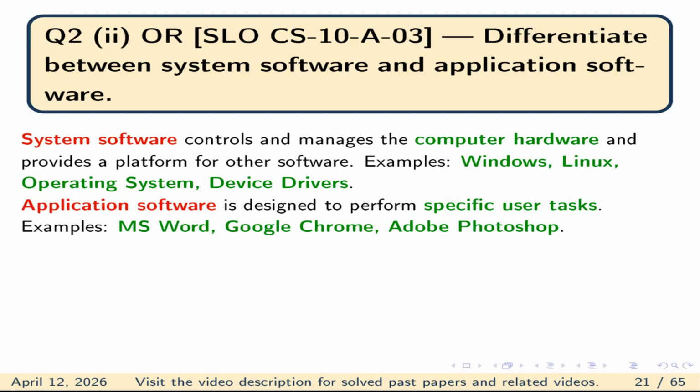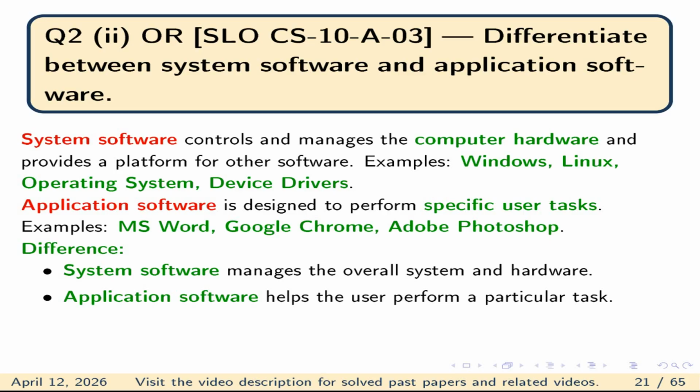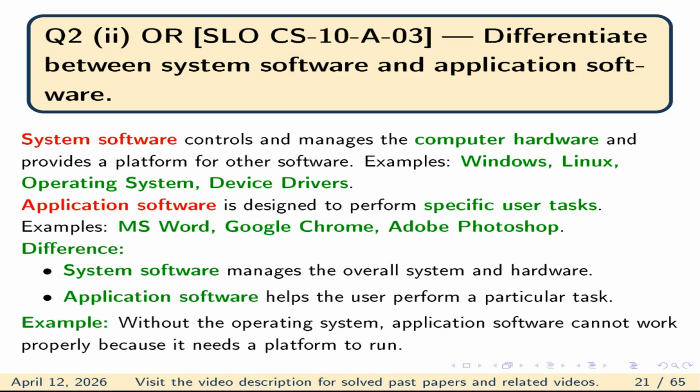Application software is designed to perform specific user tasks, examples Microsoft Word, Google Chrome, Adobe Photoshop. System software manages the overall system and hardware, while application software helps the user perform a particular task. Example, without the operating system, application software cannot work properly because it needs a platform to run.